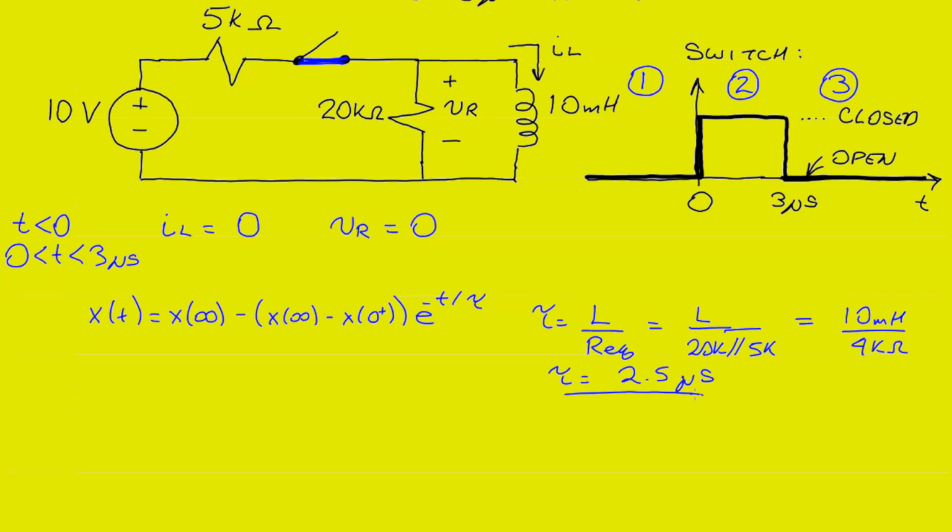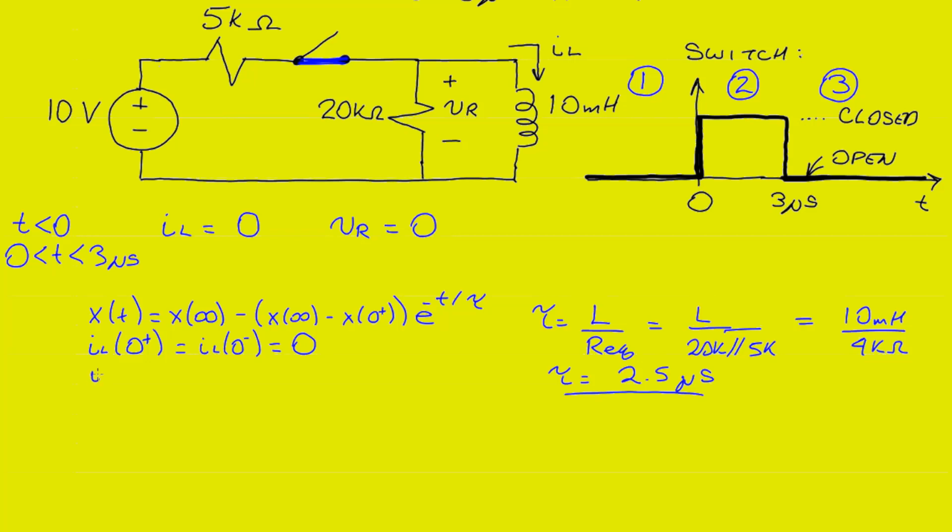Now we can start to take a look at the inductor's current and the resistor's voltage. First, we want to find the inductor current at the initial starting point, or IL at 0 plus. Knowing that the current through an inductor cannot change instantaneously, it must be the same as it was at the end of the last time period, or IL at 0 minus, which was simply equal to 0.